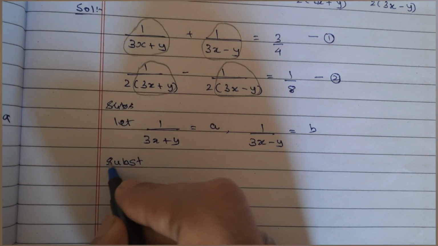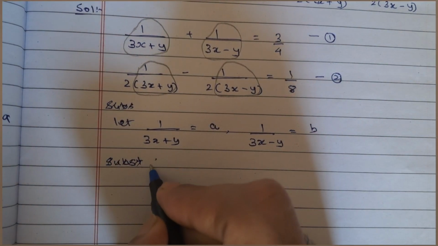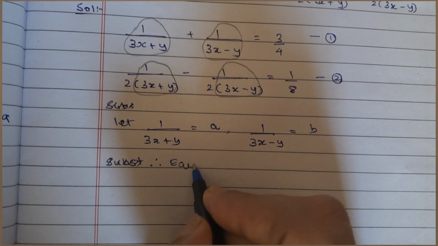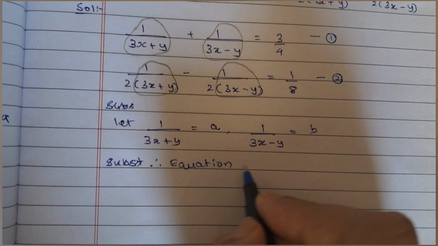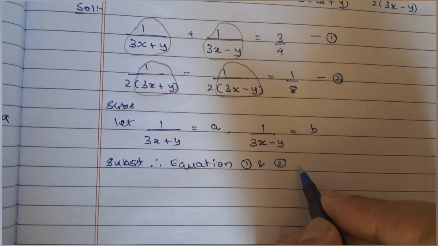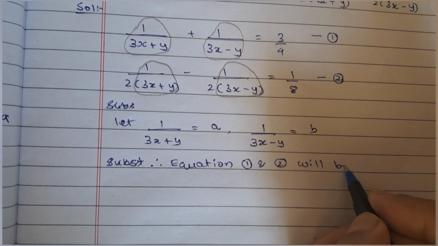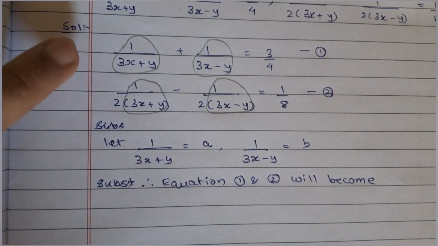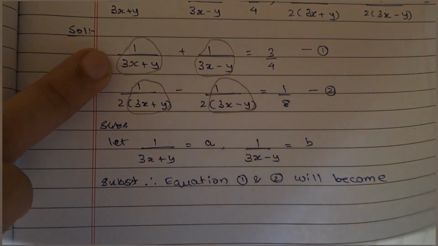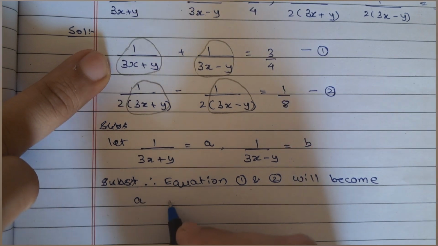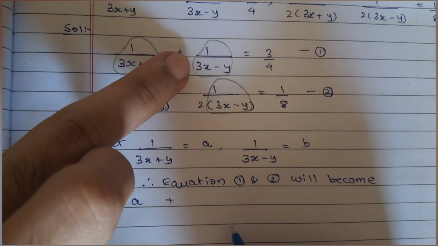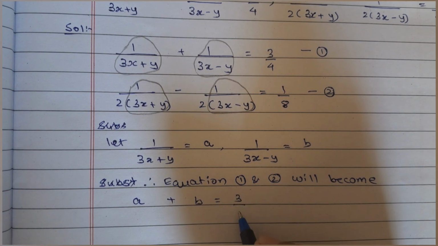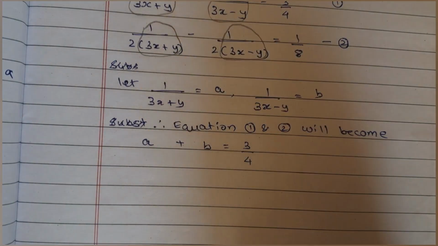Therefore equations 1 and 2 will become, what will it become now? Instead of this circled part, I will write a, isn't it? So it will become a plus b is equal to 3 upon 4, correct?